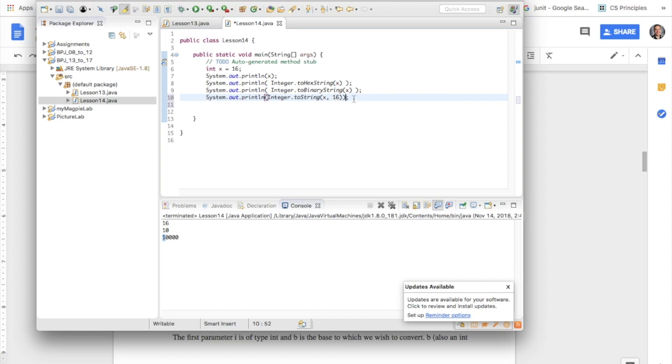It should work the same as the hex string. So let's put those together. We'll do our hex string, we'll do our toString with the x comma 16, then the binary will be the last one. So that works: 16, 10, 10, and then the 10000, or at least that's what it looks like. These two are hex, this one is binary.